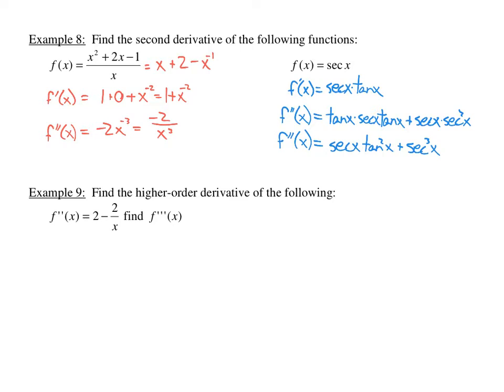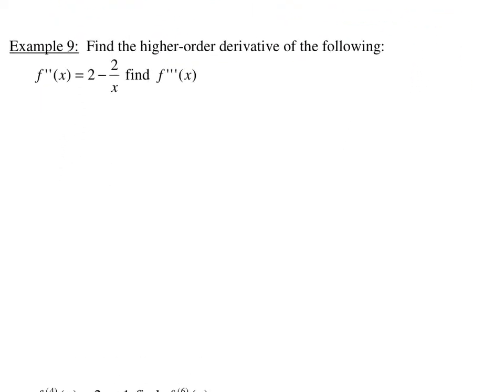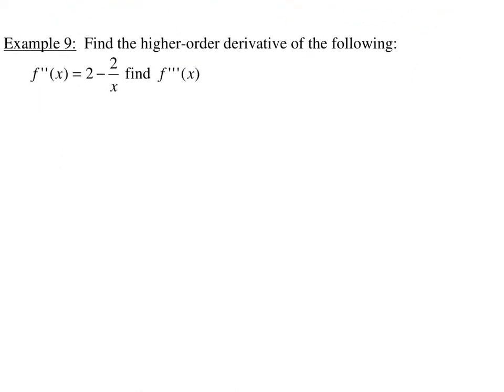Now, notice here on example 9, it goes beyond just the second derivative. We can have a third derivative. Okay? It's the same concept. If you already know the second derivative, you just take the derivative a third time to get the third derivative.